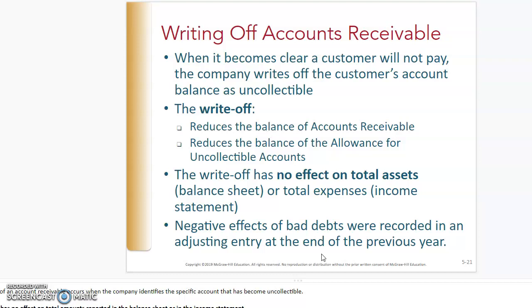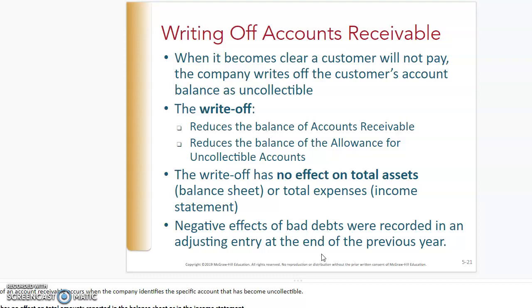And then instead of recording the bad debt expense, because we've already done that through our estimated amount, we will reduce the allowance account. What this does is it puts the expense in the same time period as the revenue, even though we're writing off the account sometime later.